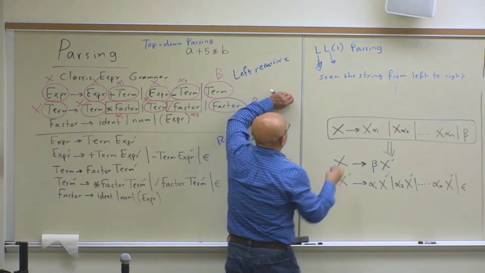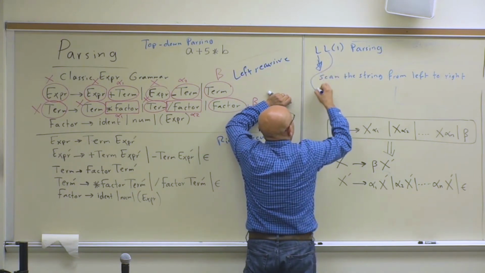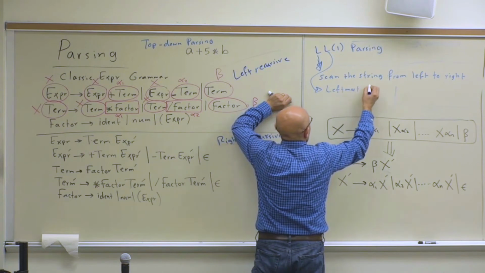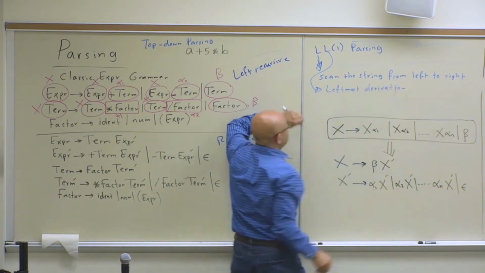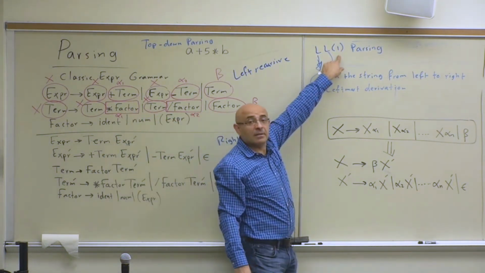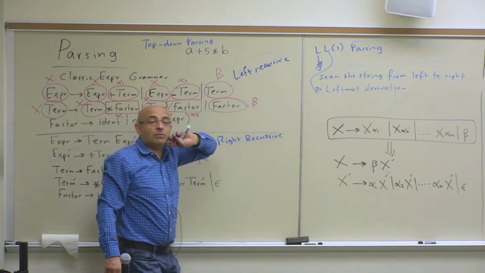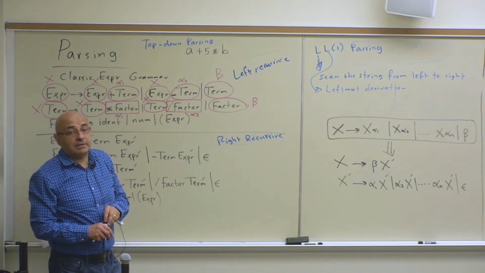And the other L means leftmost derivation. So we do a leftmost derivation, we scan the string from left to right, and what do you think the 1 is? Based on what we have said, it's the number of symbols of look ahead.